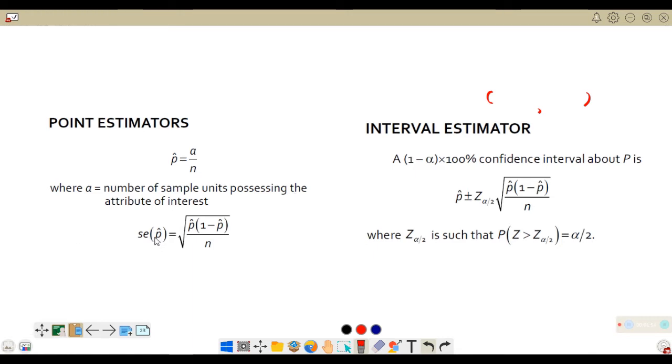And the standard error of P hat is equal to the square root of P hat times 1 minus P hat over N. Tapos sa interval estimator naman, the 1 minus alpha times 100% confidence interval about P is P hat plus minus Z alpha over 2 times the square root of P hat times 1 minus P hat over N, where Z alpha over 2 is such that the probability of Z is greater than Z alpha over 2 is equal to alpha over 2. Okay? Lagay tayo ng example.